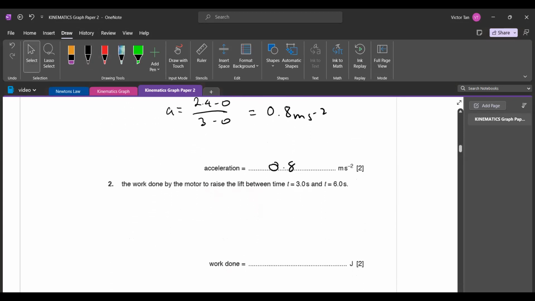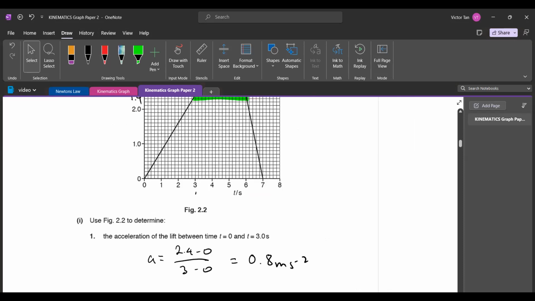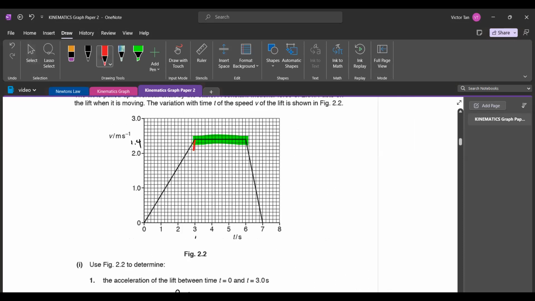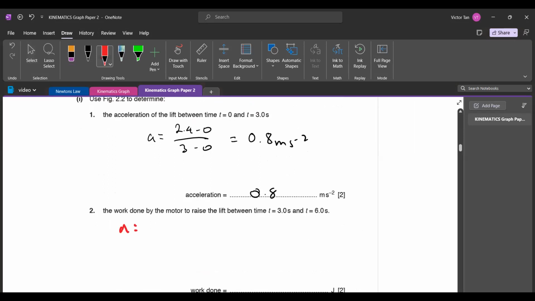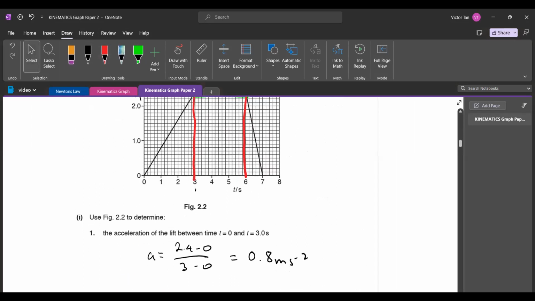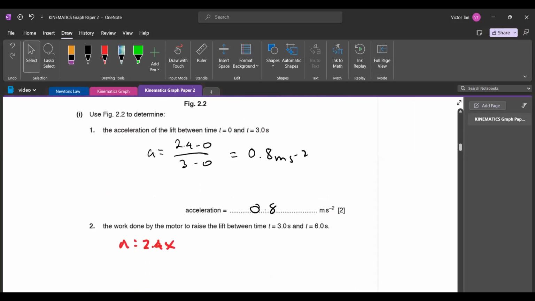Okay, so for the work done, you have to find the distance. So the distance traveled is 2.4 times 3 seconds, which is 7.2 meters.